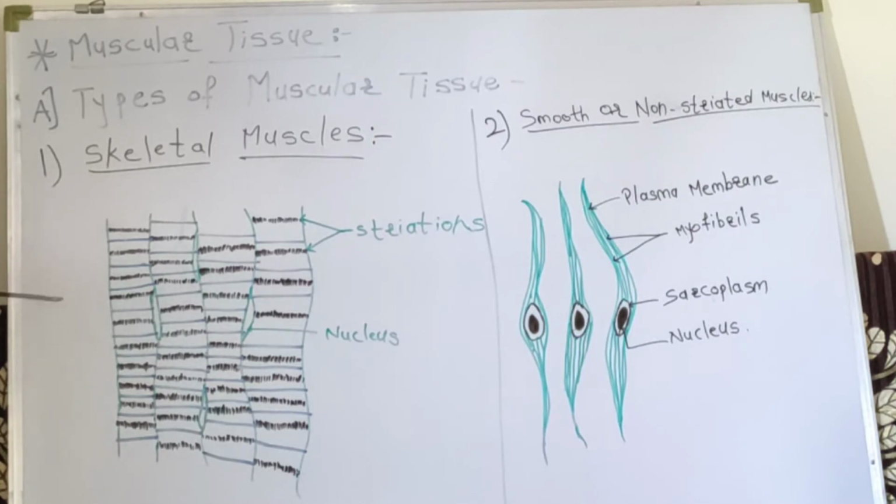It is also called the isotropic band. It is present on one side of the A band. And there is also the Z line. The Z line is adjacent to the light band, and the Z line is also called the Krause line.